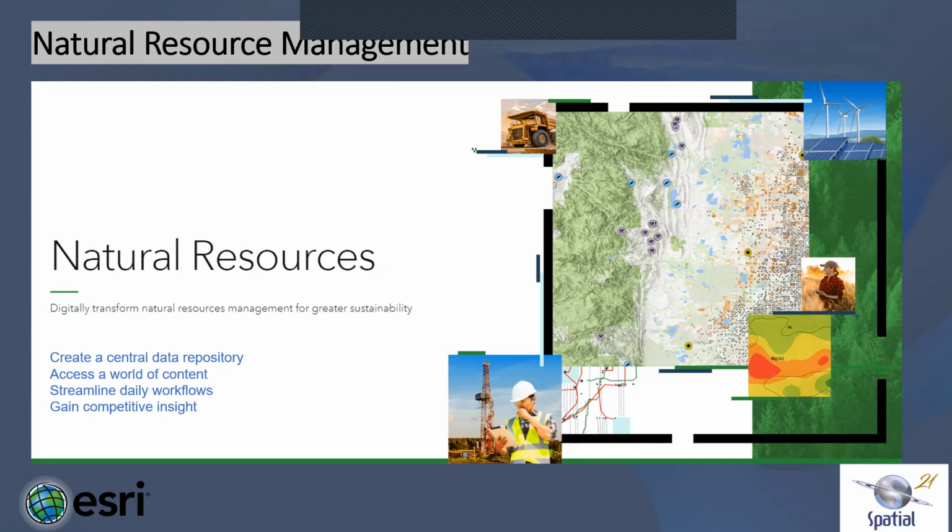So GIS in natural resources also accesses a world of content by accessing the foremost collection of global spatial information, including imagery, topographic landscape, geology, demography, and different data layers.